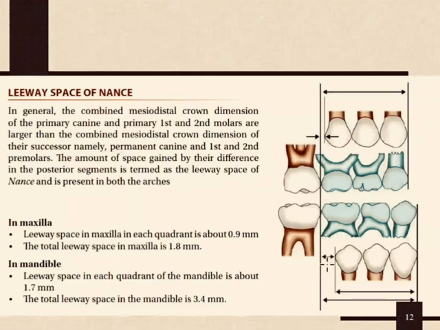You will hear about it, and it's different in the maxilla than in the mandible. Now, regarding measurements of this space, the amount of space that is left is lower in the maxilla than in the mandible. In the maxilla, we sometimes have it between 0.9 to 1.8 millimeters, while in the mandible it is bigger, from about 1.7 to 3.4 millimeters.